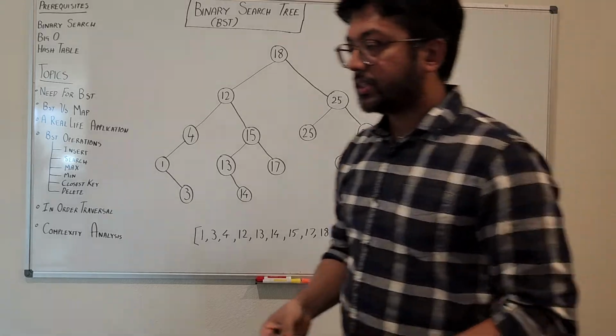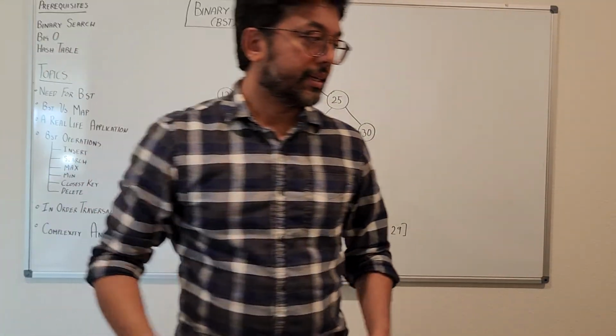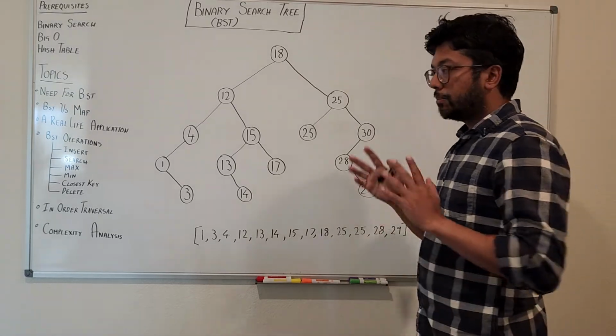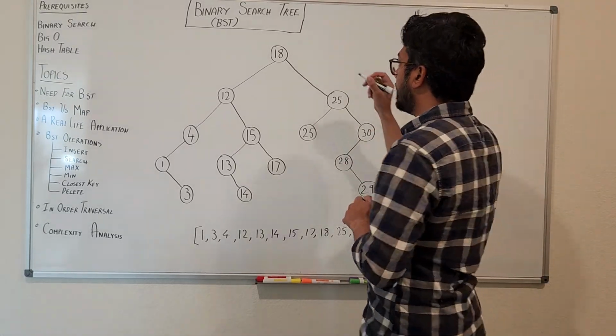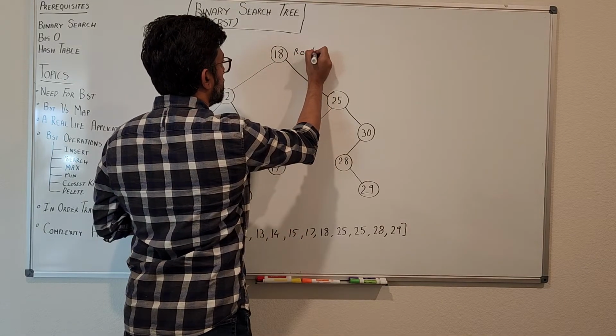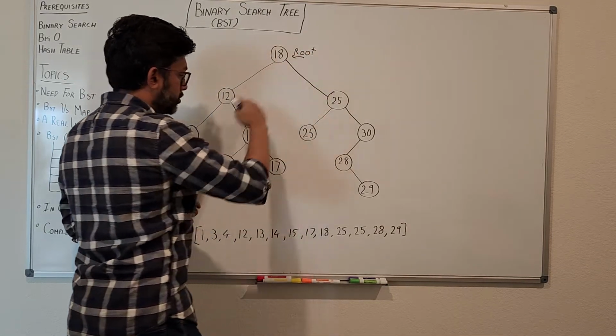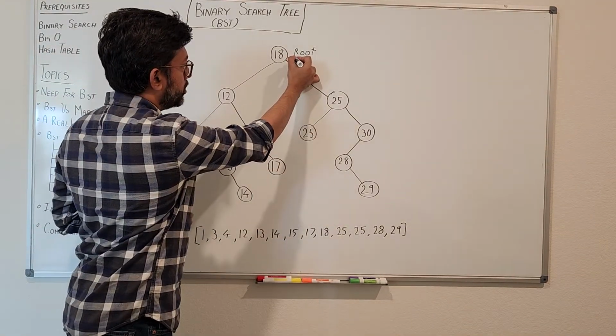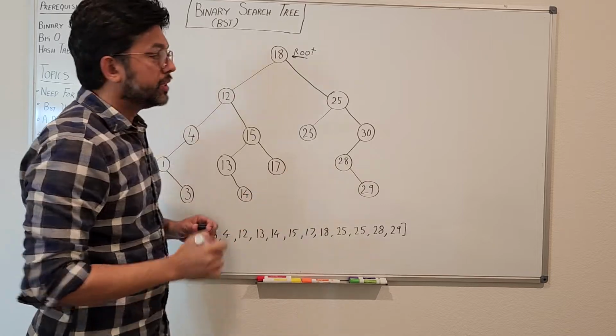So first operation we are going to look at is an insert operation. So one thing to remember, in a binary search tree, you just have a reference to the root, which is the top parent. You don't have a reference to any other item. So anything else you need to operate on, you have to start at the root and find the item you need.